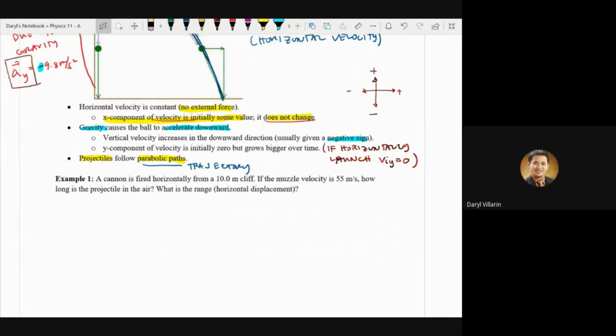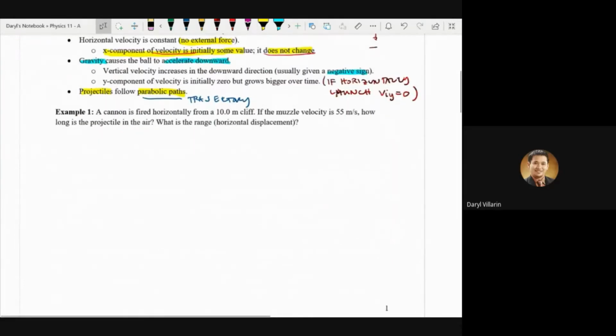Okay, so let's take example number 1 here. A cannon is fired horizontally from a 10.0 meter cliff. If the muzzle velocity is 55 meters per second, how long is the projectile in air? What is the range?